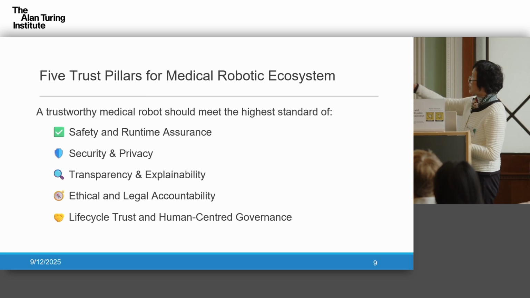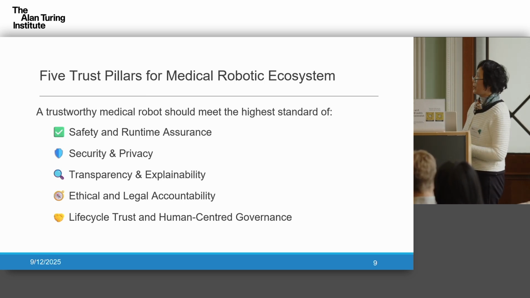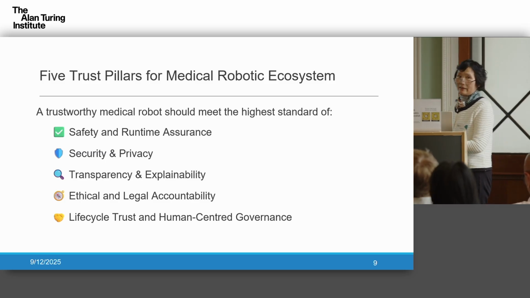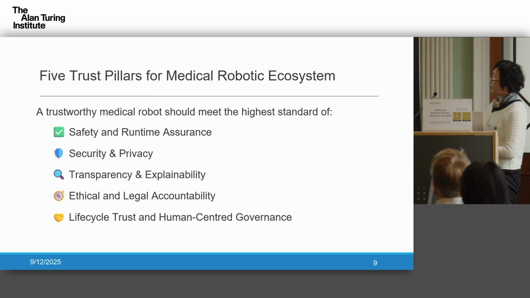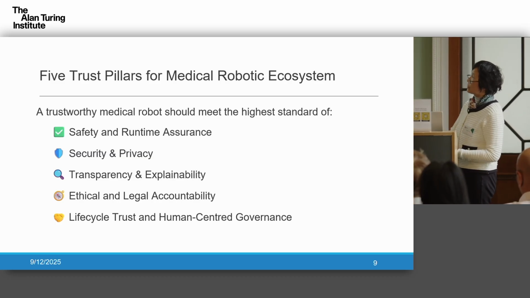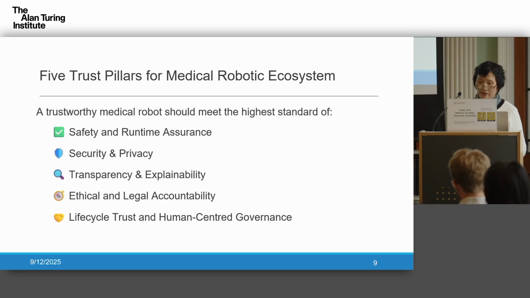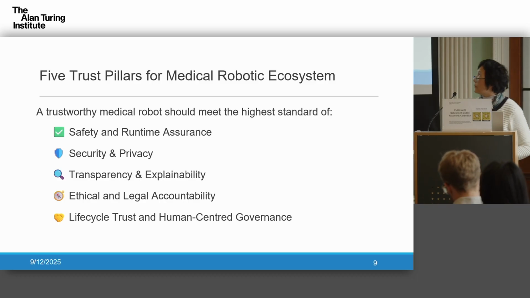And transparency and explanation, we already mentioned, is very important to ensure clinical trust and reliance on the action of the system. And ethical and legal accountability, we already mentioned, and the life cycle. So these are the five pillars.